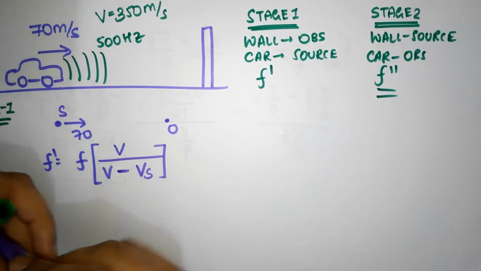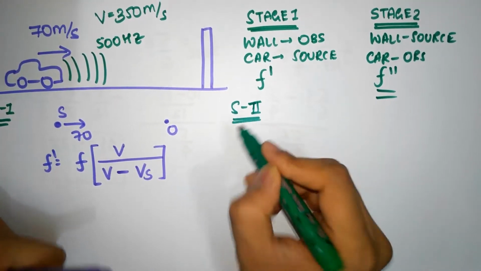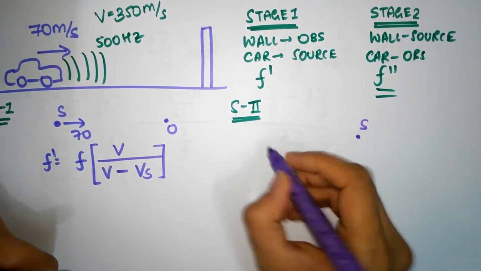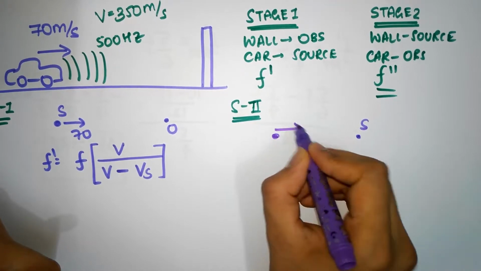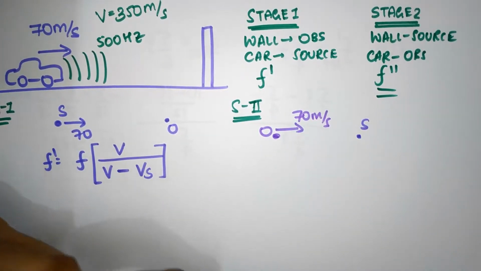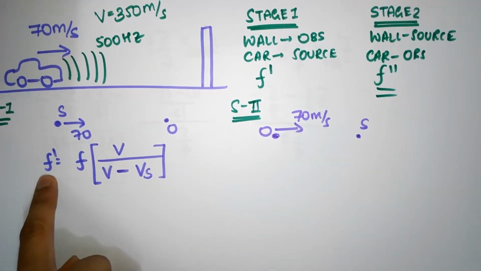Right, now before we substitute numbers, let's just go to stage 2 and see what happens. In stage 2, the wall acts like the source and the observer is the one that's moving at 70 meters per second. I hope that makes sense to you. The wall is now giving out waves of this frequency.